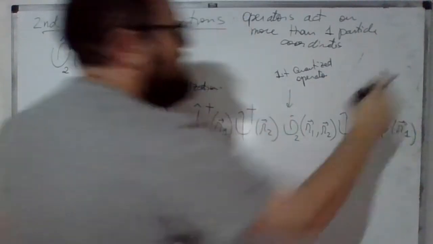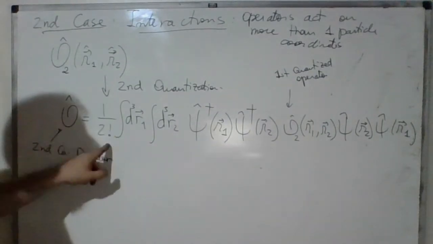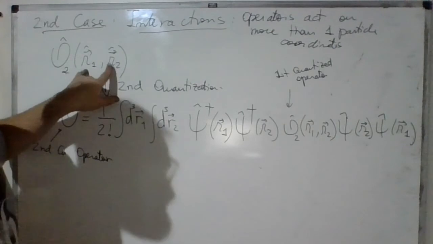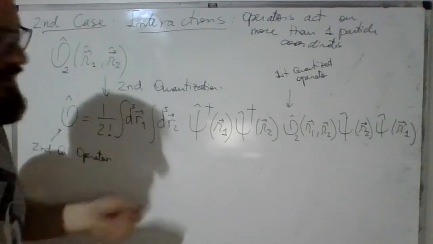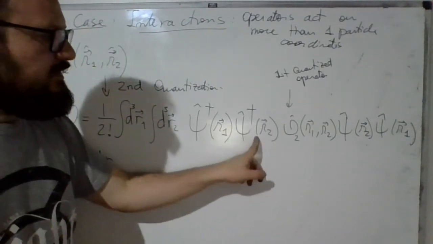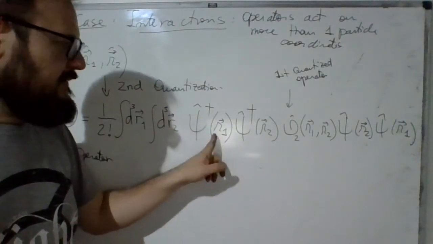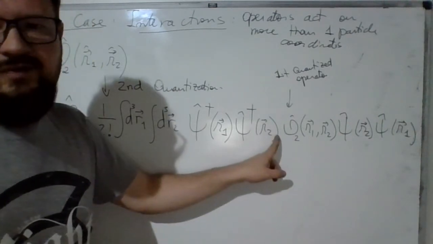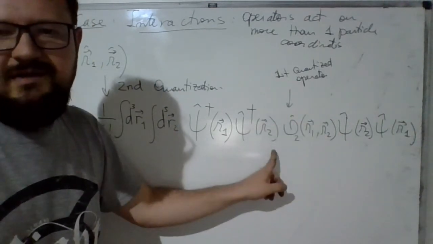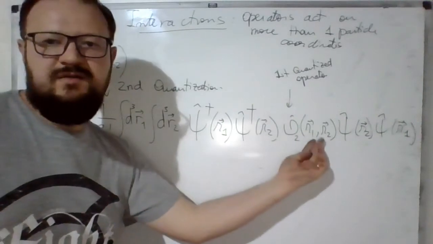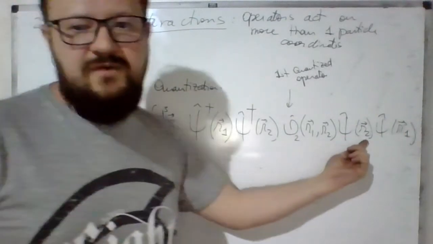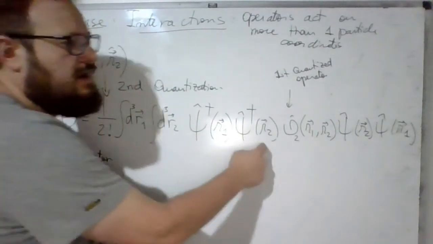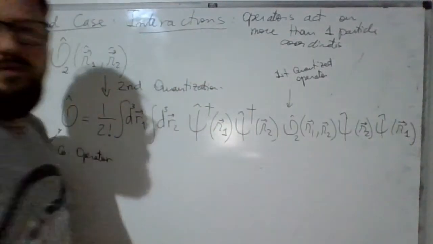Okay, so this is the rule. 1 over 2, integrate over all the coordinates of the particles. Psi dagger of R1, psi dagger of R2, the operator which we are trying to second quantize here, which depends on the coordinates of two particles, psi of R2, psi of R1. Notice the order: R1, R2, R2, R1. Okay?